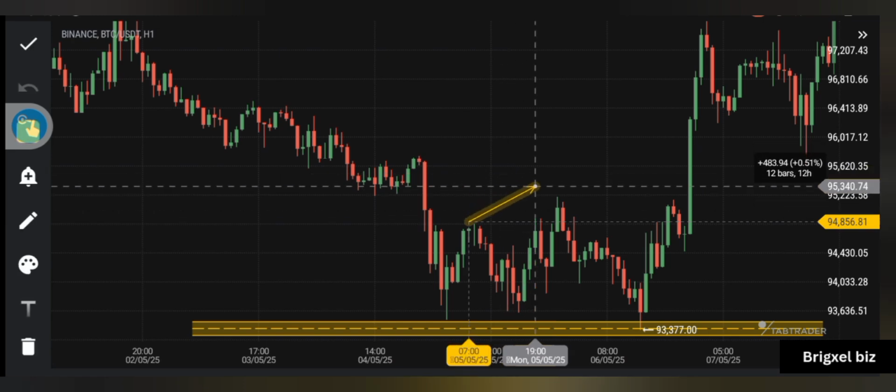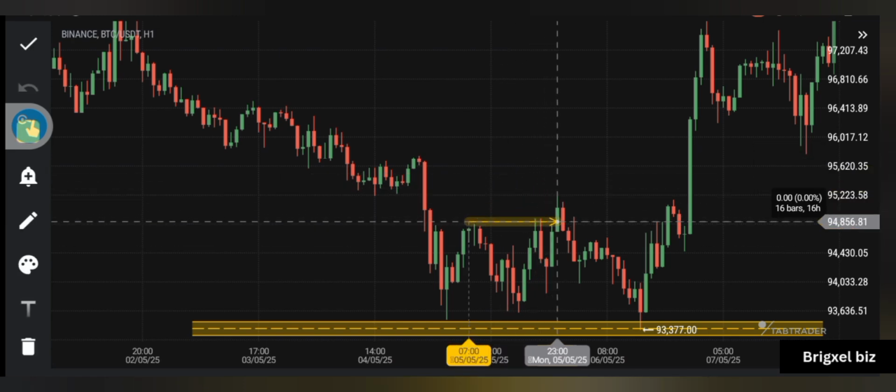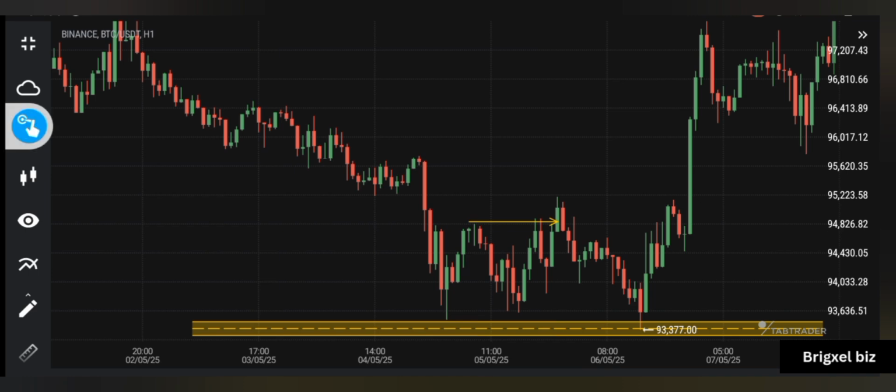So, ladies and gentlemen, around this level, we had a sweep of liquidity. Can you see it? The market obviously pushed above this level. The reason it pushed above this level with this green candle was because there were stop loss orders around this zone. The market went above it, grabbed all of that money, and what did it do?